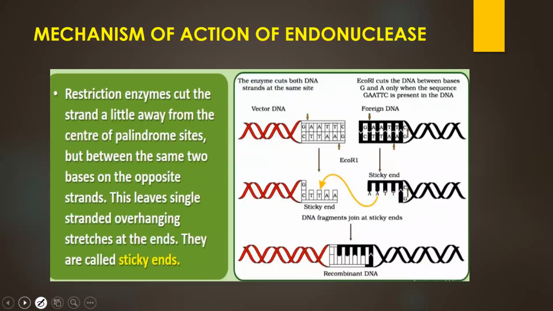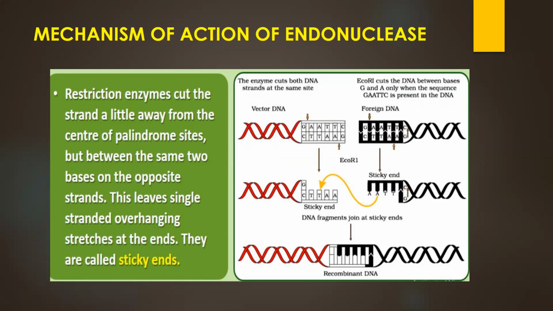Now let's understand how this endonuclease works, or what is the mechanism of action of endonuclease. You can see this diagram over here. There is a foreign DNA and then there is a vector DNA. And this is the gene which we have to transfer.